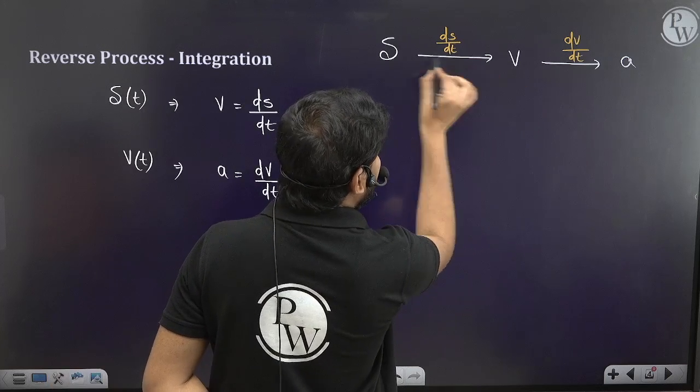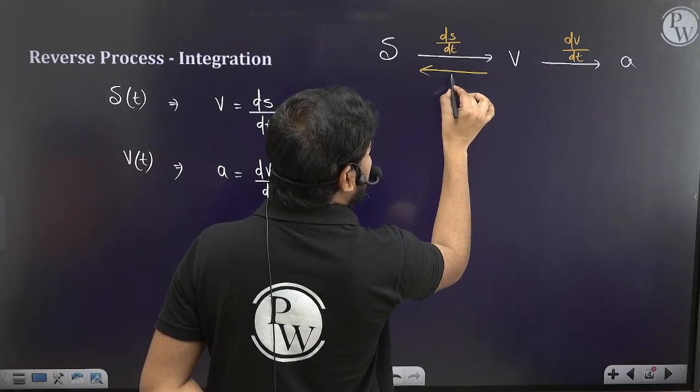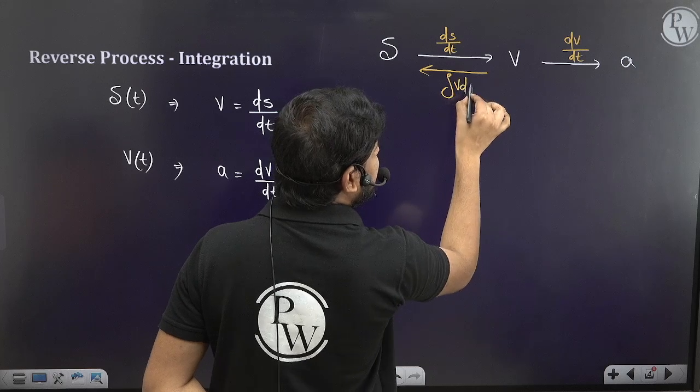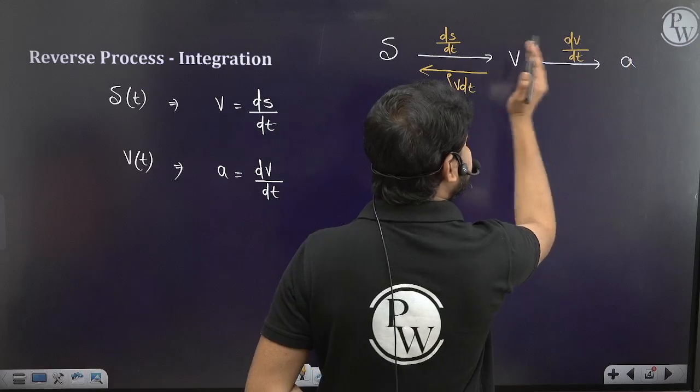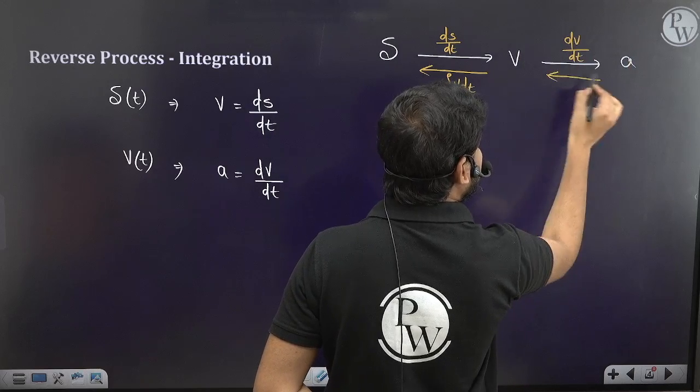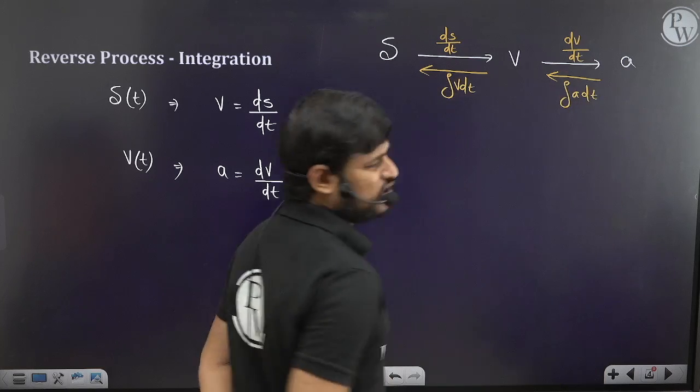To find the displacement from the velocity, we can simply write the integration of v dt. Similarly from acceleration to velocity, the integration of a dt. So we go for the reverse process.